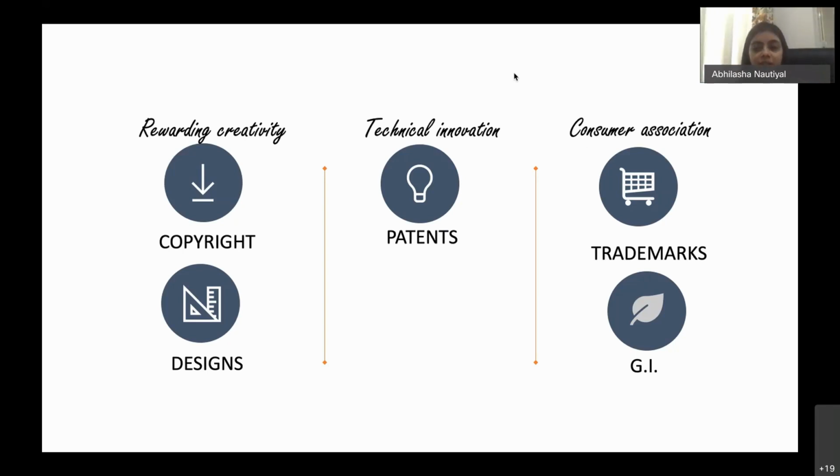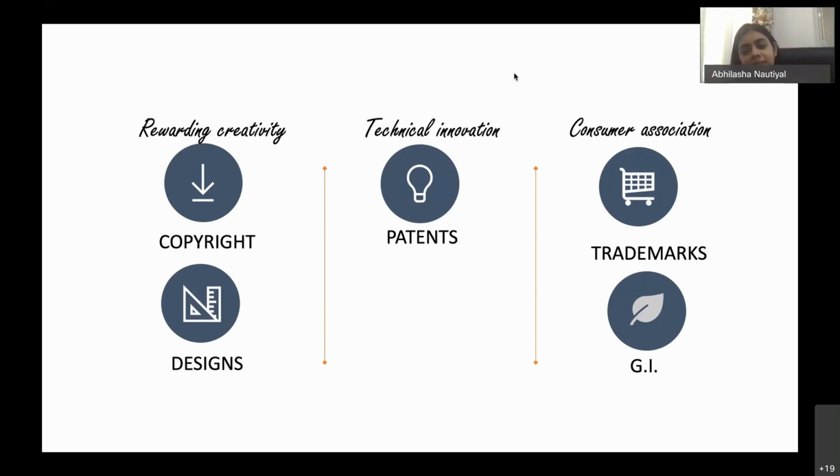So generally speaking, you would have heard of copyright, designs, patents, trademarks, and there is something called geographical indication, which may not be very relevant here, but I'll touch upon it so as to complete the picture. Now, when we think of copyright and design, we could compartmentalize them in one slot, because the rationale behind protecting them is to reward creativity of authors, of designers. So they get bracketed in one slot.